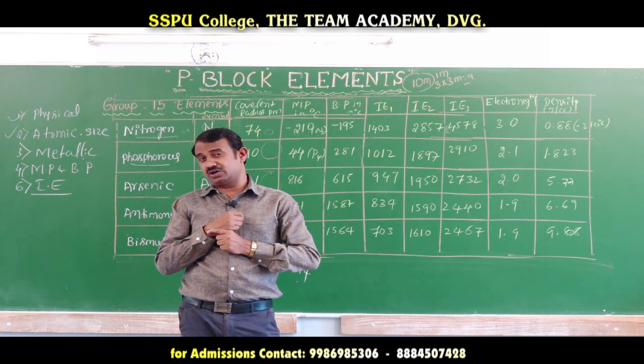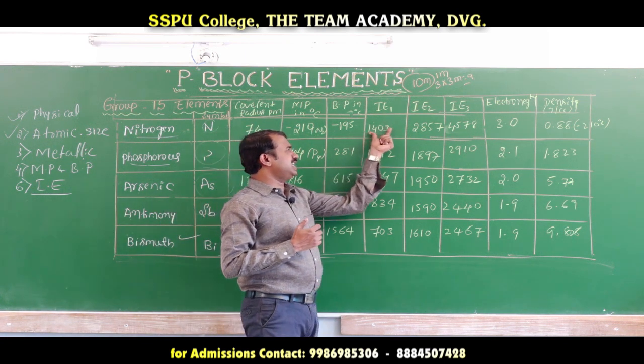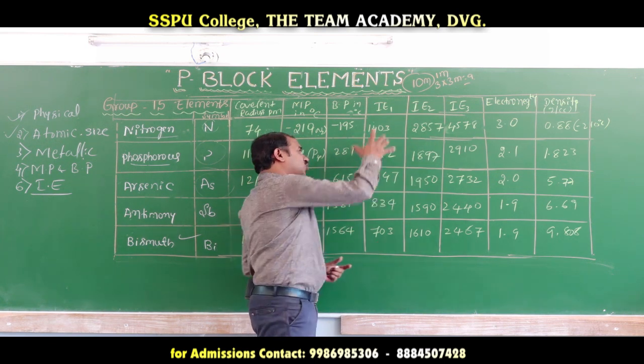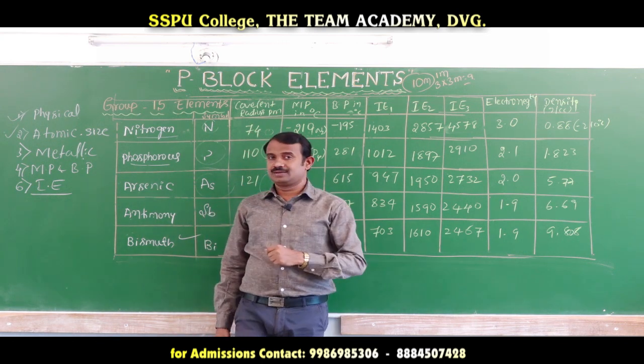Nitrogen with a triple bond, this is the dissociation energy. Here also the first, second and third ionization energies decrease going downwards in order.